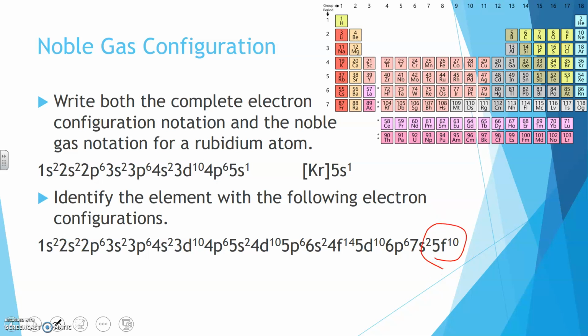You go to 5f, which is here, and remember, actinium and lanthanum are not part of the F block; they are part of the D block. So you go to F, and then you count over 10: 1, 2, 3, 4, 5, 6, 7, 8, 9, 10. That one is einsteinium.